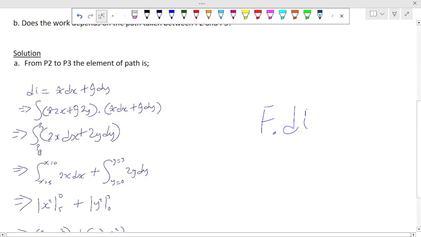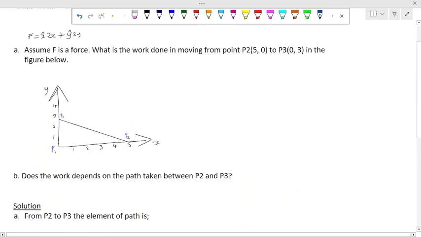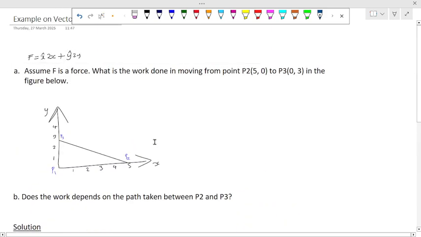Just take it in that format. Now from one point to the next, from P1 to P2. This is for the force, which is the value we have right here. Remember, work is force times distance.